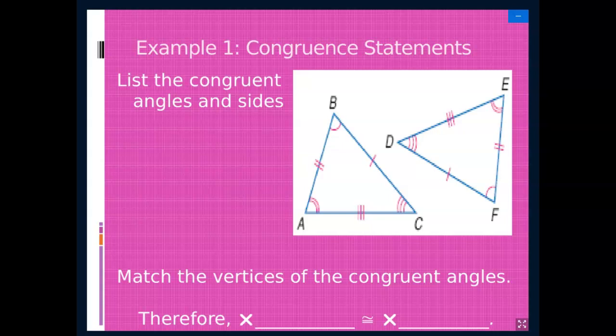Let's start with our angles. So we can say angle B is congruent to angle F because they both have one arc.